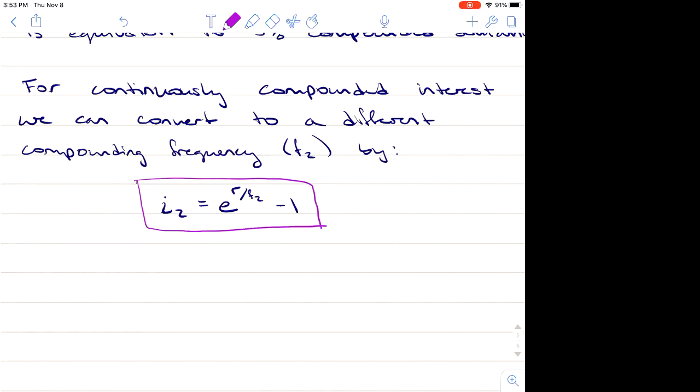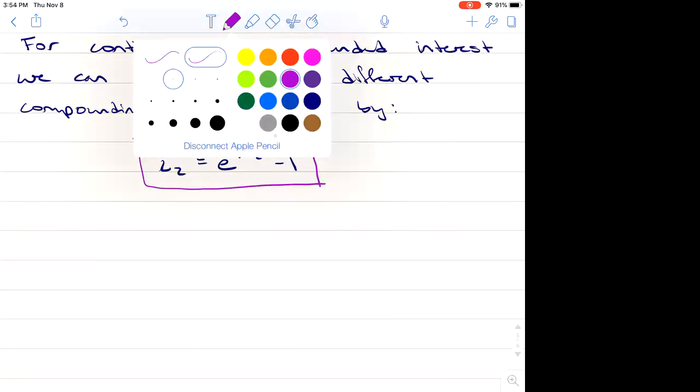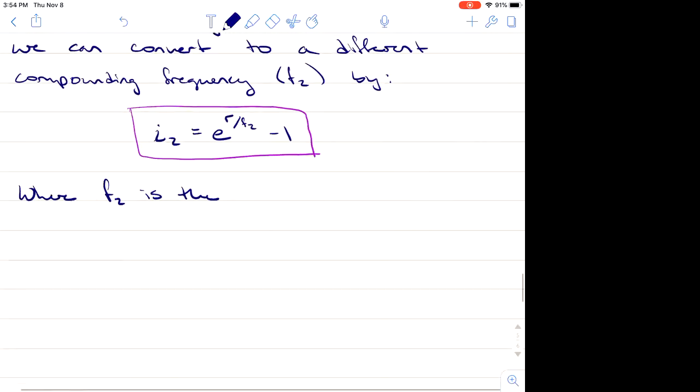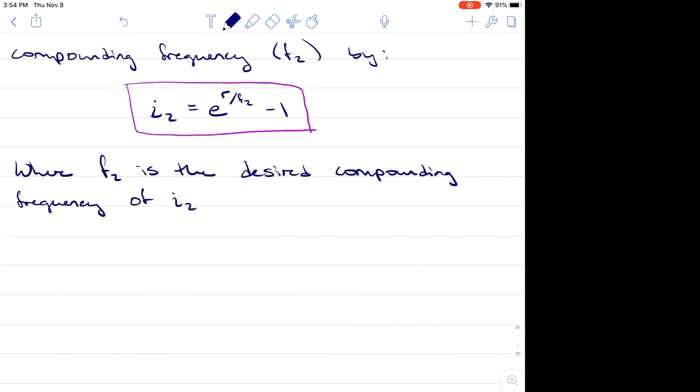Where F2 is the desired compounding frequency. Just to emphasize that, compounding frequency of I2. It would be switched if it was I1.